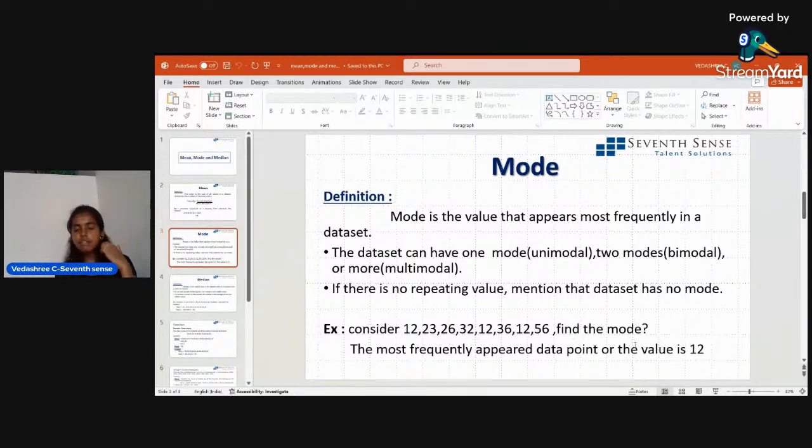Mode is the value that appears most frequently, the value which is repeating the most. So here the value is 12. 12 appears 3 times in this data set, so 12 is considered the mode here.